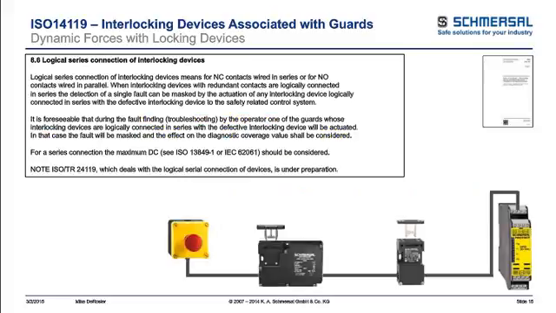Now, another aspect that the standard kind of highlights, and something that's hopefully is going to be released in the next few months here, is there is an ISO committee that formed, or in the middle of forming, a technical report right now called the ISO/TR 24119, and it deals with using safety interlocks and what are the considerations with tying them in series, or what's referred to as daisy chaining.